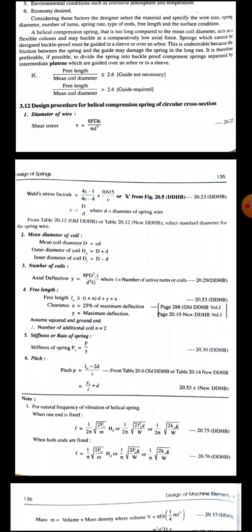Substituting the values of tau and D, we get C. Substituting the value of C, we get the wall stress factor K. Substitute the value of K in equation 20.22, and for the given shear stress and load, we can calculate small d, the diameter of wire in mm.